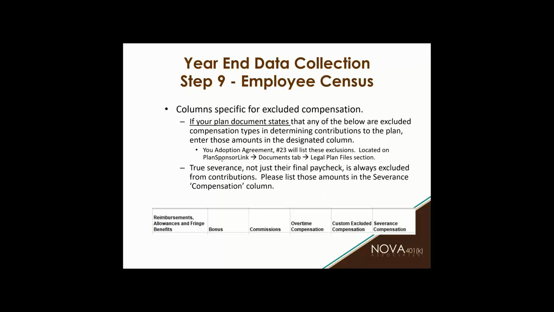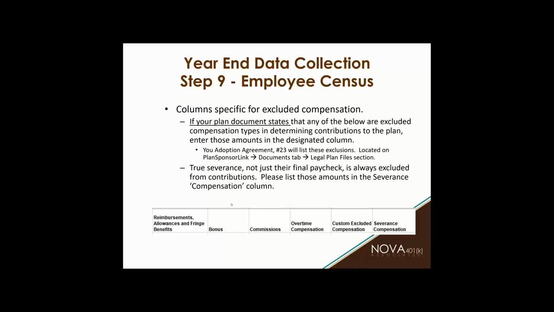And here I even give you how to find this adoption agreement. Okay. So if you go in and you look at the plan document, number 23, and it lists any of these types of exclusions, then they are excluded from the calculation of the contributions for the employees. And we need those excluded, those total compensations listed separately out into these columns.